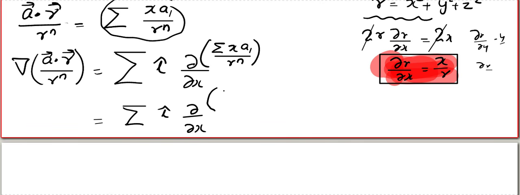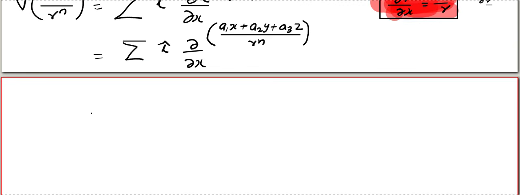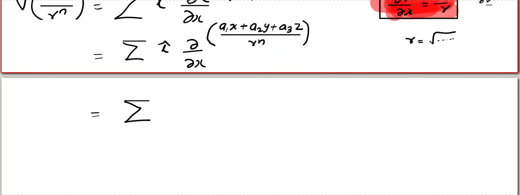So what is this? a1x plus a2y plus a3z, the whole divided by R power n. Now what we are going to do is differentiate. We have to apply the u by v rule. Remember, r means root under x square plus y square plus z square. So r depends on x, y, z. It's a dependent variable. Now can you apply the u by v rule? Yeah.